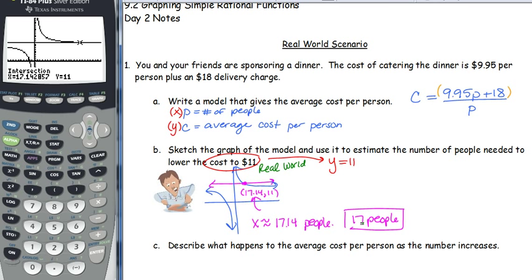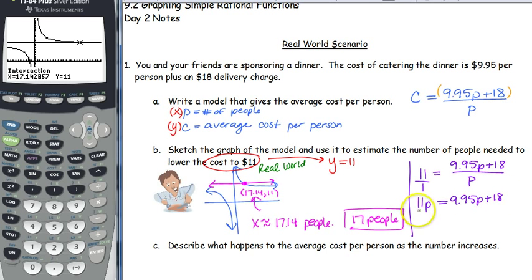There is another way you could have done this as well. We could have done it algebraically. If our y or our c value is 11, we plug that in for c. 11 equals (9.95p plus 18) all over p. If we want to solve this, we make that into a fraction. We cross multiply to get 11p is equal to 9.95p plus 18.